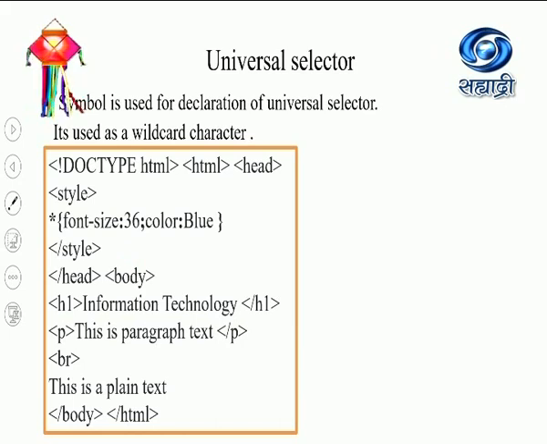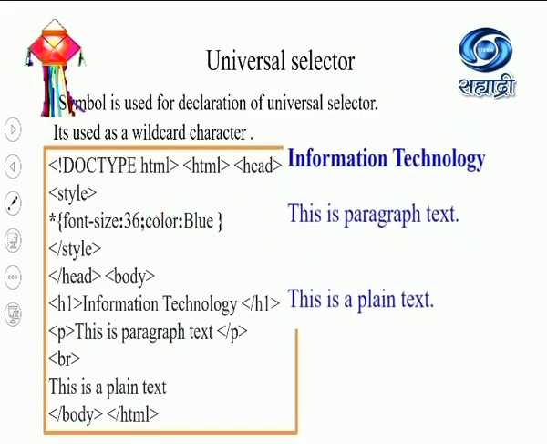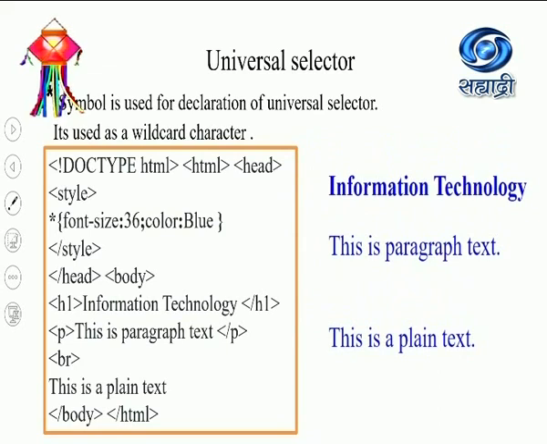So if I specify this like this, here font size 36 and color blue will be applied for H1 as well as for the paragraph. So you may observe over here, for H1 as well as for the paragraph also, you will find the font size 36 and color blue because the universal selector has been applied for all the tags.